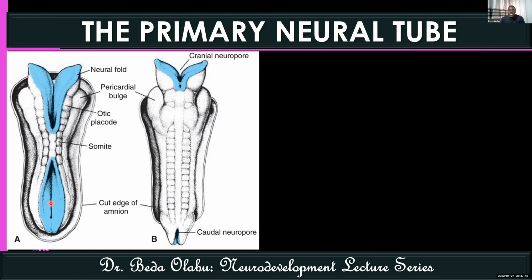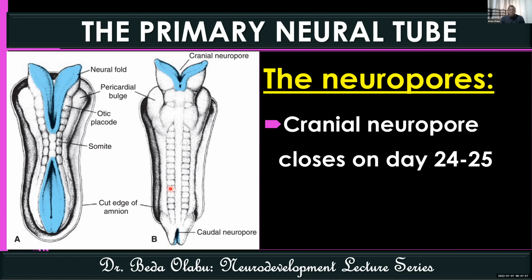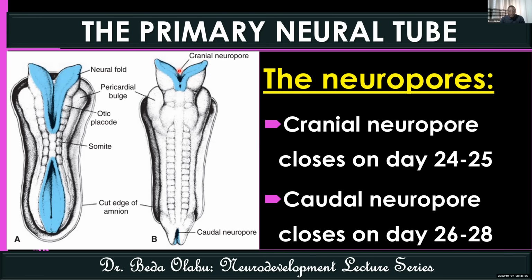With that understanding, we then realize that there'll be some opening cranially and opening caudally, what we call the neuropores. The cranial neuropore, which is this one, closes about on day 24 to 25, and the caudal neuropore, which is this one, closes about 2 to 3 days later. So usually the cranial neuropore closes earlier than the caudal neuropore.